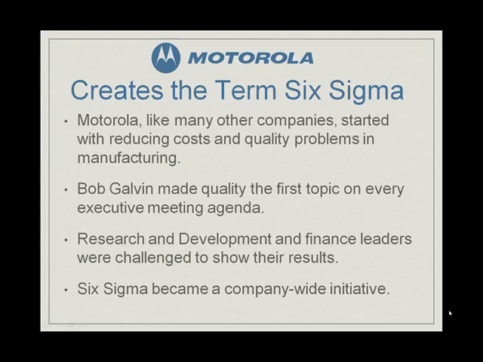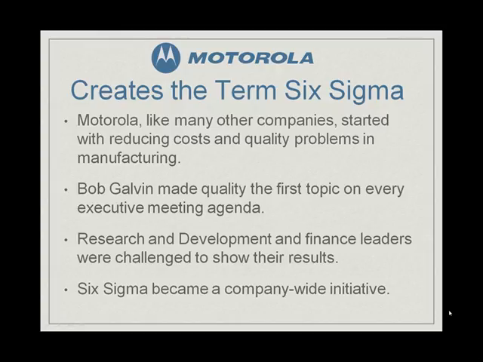Well, if you think about where Six Sigma actually originated, it originated at Motorola. Motorola, like many companies, started out trying to reduce cost and deal with quality problems in manufacturing. Bob Galvin, CEO at the time of Motorola, decided that quality needed to be the first topic on every executive list.